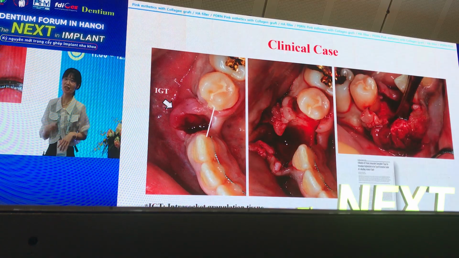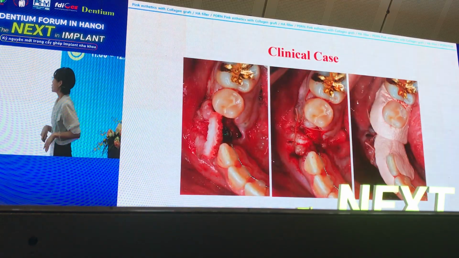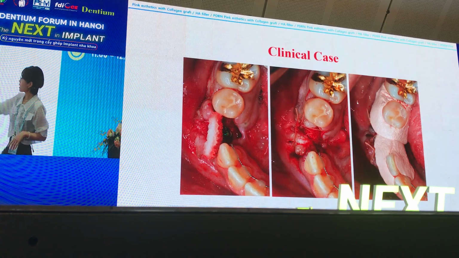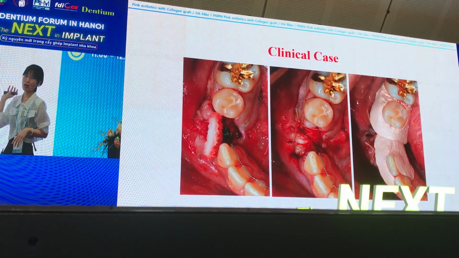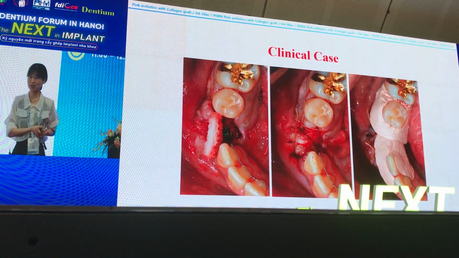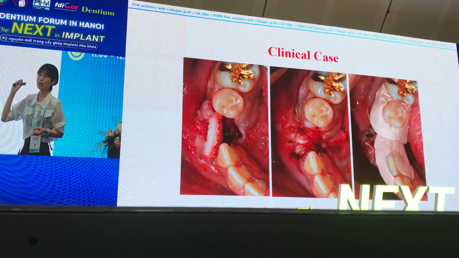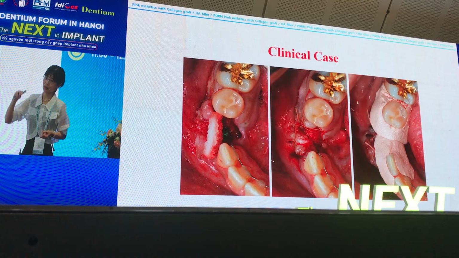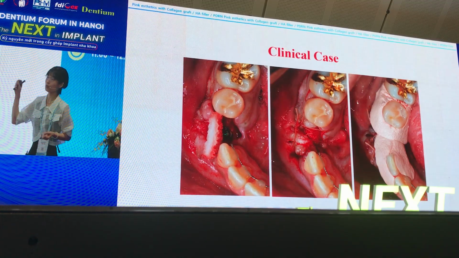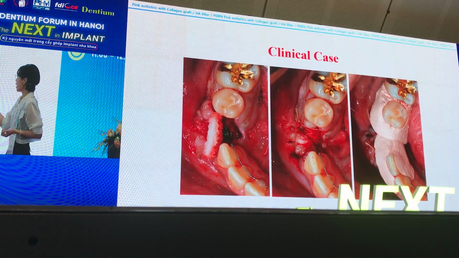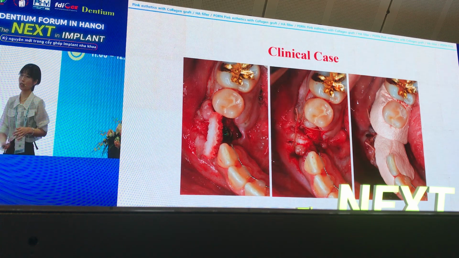It has anti-inflammatory action. So I placed the implant inside and applied the collagenated bone inside and covered with the collagen graft too. I used the PDRN-soaked collagen graft too, and then covered with IGT.